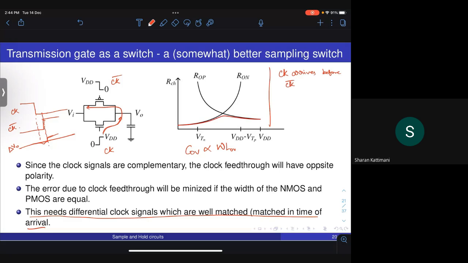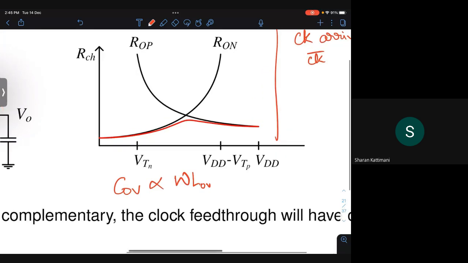So generally, when we are using NMOS and PMOS in parallel, we would ideally want the on resistance of both of these to be almost equal. But in order to minimize the clock feed through, we have to make sure that the clock feed through because of PMOS and NMOS are the same, which mandates that we have the same width. Because of which, you will end up using a PMOS which has a higher on resistance as compared to NMOS.